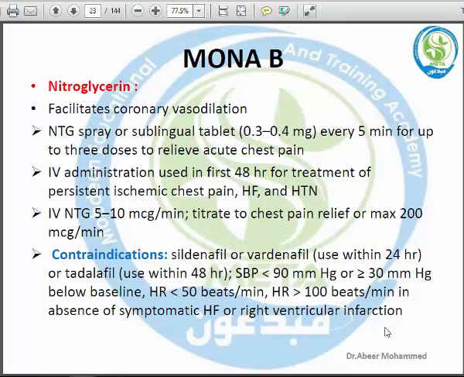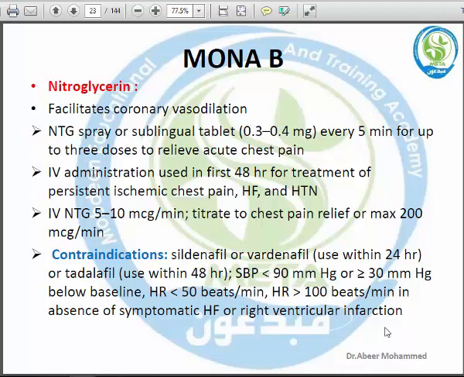Vasodilatory effect هيؤدي لنا إنه يقلل الأفتر لود. Also, we relieve the pain. Usually, we use nitroglycerin spray or sublingual tablets. You can use it every 5 minutes or for up to 3 doses to relieve acute chest pain.